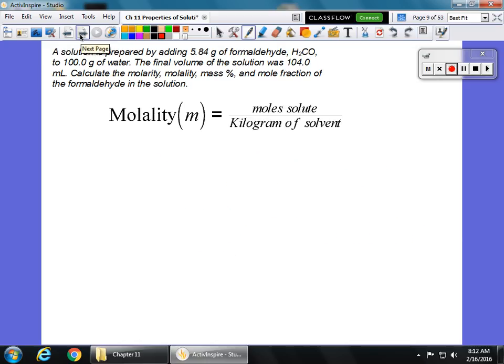Let's look at the molality next. Molality is really only used when we're doing freezing point depression and boiling point elevation problems, but it is necessary for you to calculate that. Again, remember, this one is not per liter of solution, this is per kilogram of solvent. So we already had our moles from the last problem, which was 0.194 moles of the formaldehyde, the H2CO.